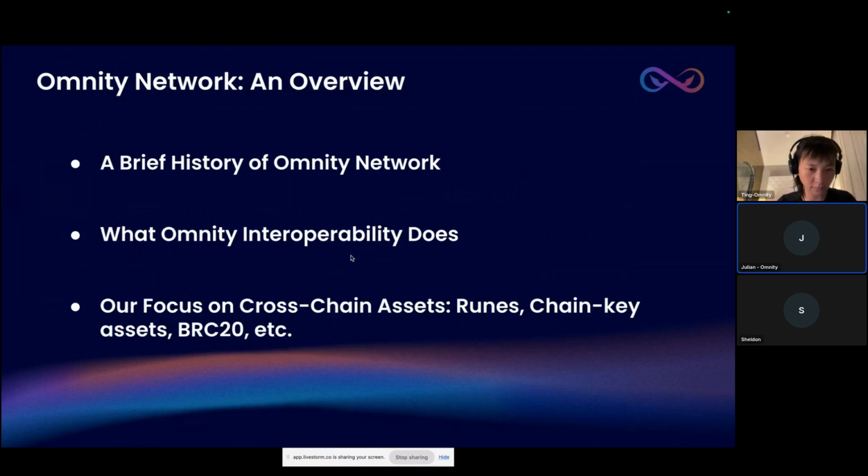Before we dive into the workshop, I'd like to take a few minutes to introduce the Omnity project. Omnity was originally known as the Octopus Network, which was founded by Louis, the founder of Omnity, in 2019. The Octopus Network is quite well known within the Near protocol ecosystem.